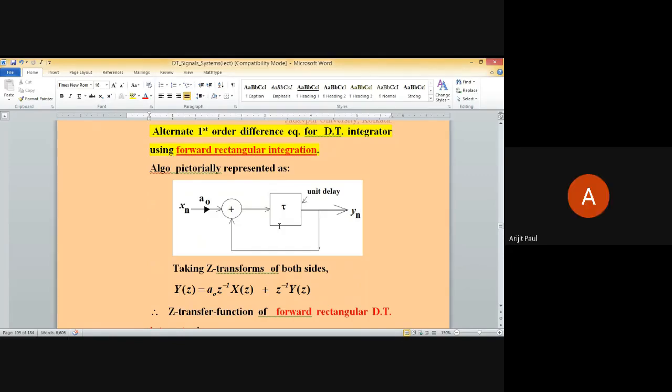So in the earlier structure, x n a0 and y n is directly added first, then delayed. But in this equation, the delay comes first, and y n minus 1 is added.